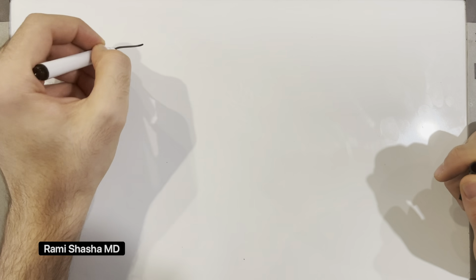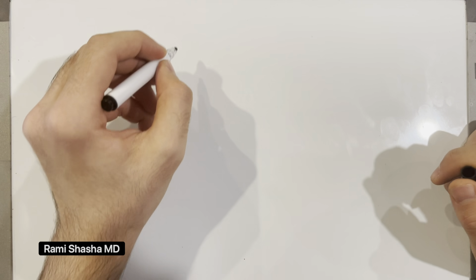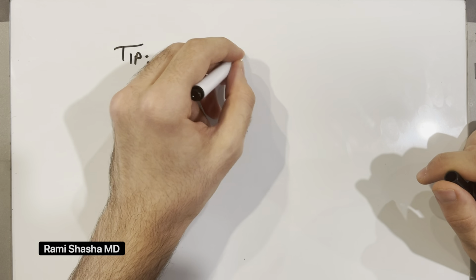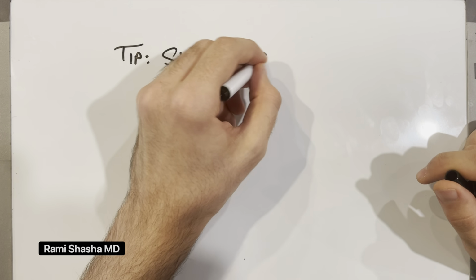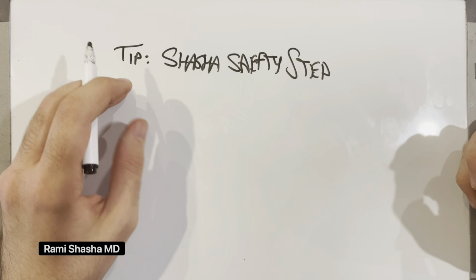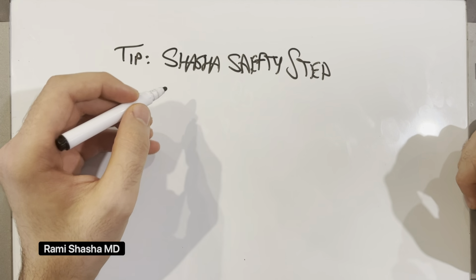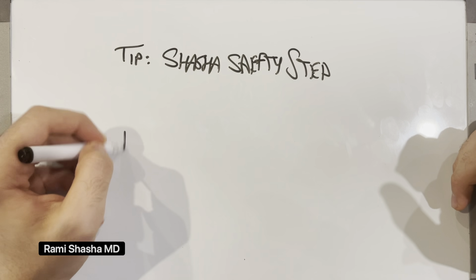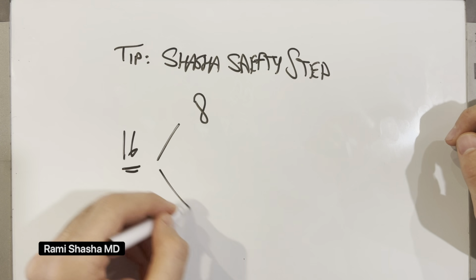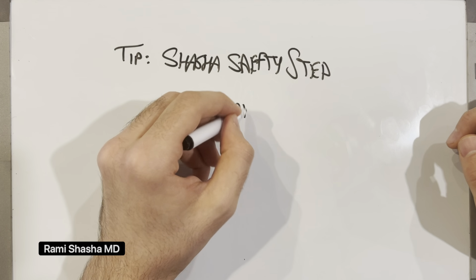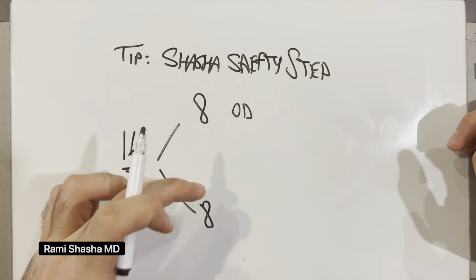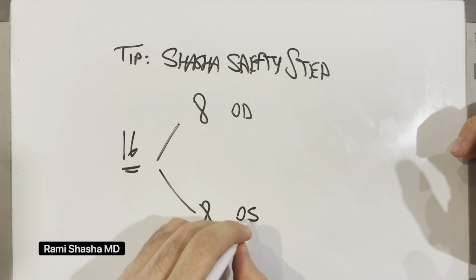And now tip number three is what I call the Shasha safety step. Okay? And this pertains to when you have to switch. So for example, if we've got 16 cases, the first 8 are right eyes, and then the second group are all left eyes.